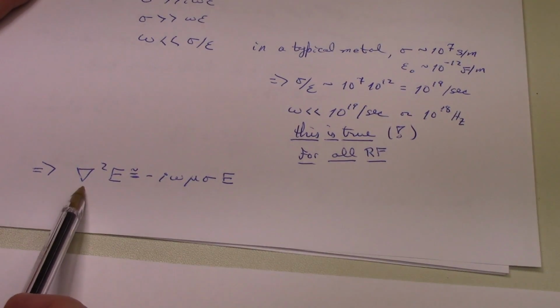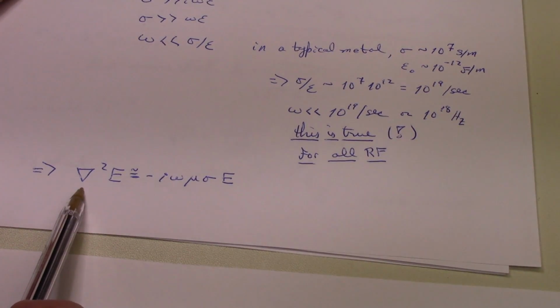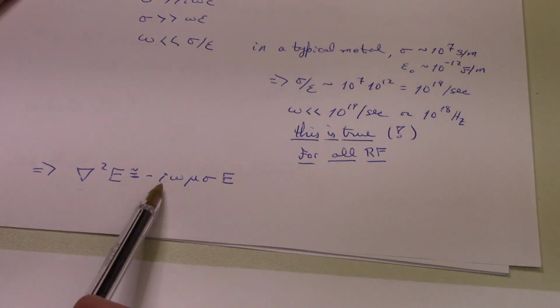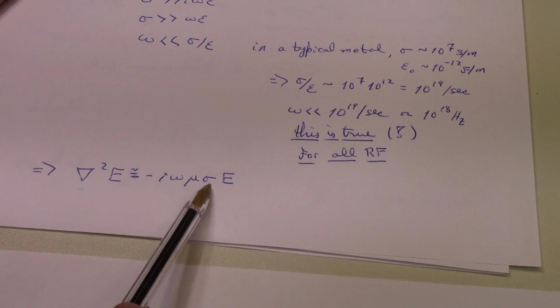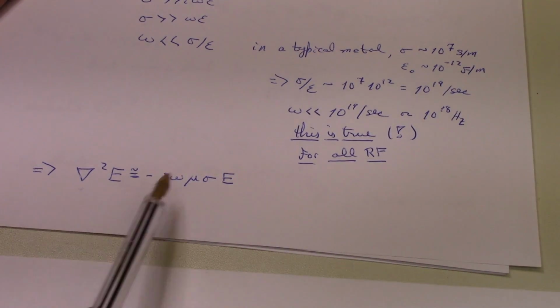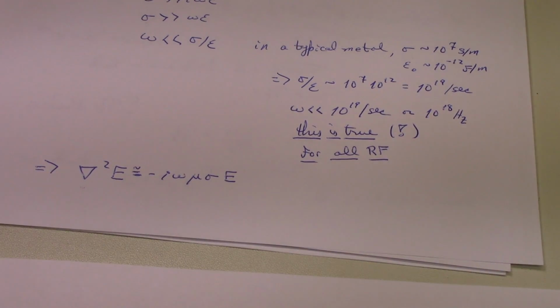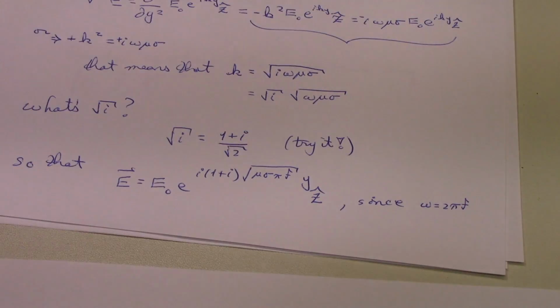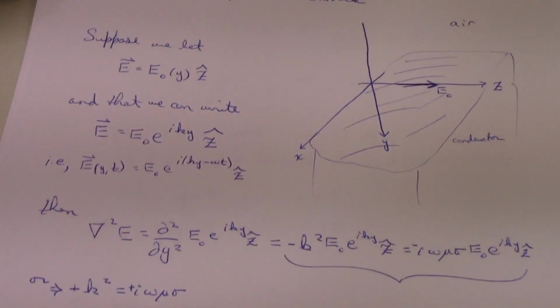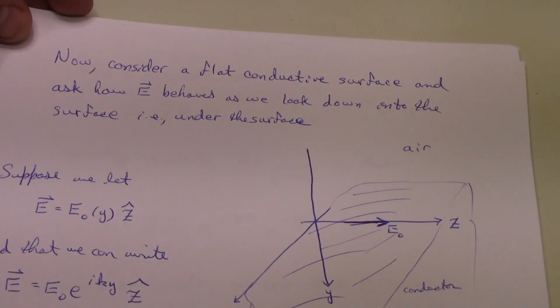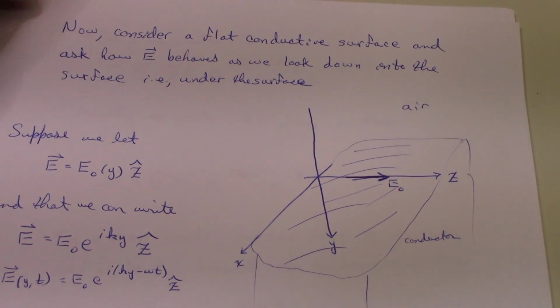And so now we're left with just this equation: the Laplacian of E is approximately equal to minus i omega mu sigma E. This is a rather simple equation now to solve, and we're going to solve it for a particular case of interest.